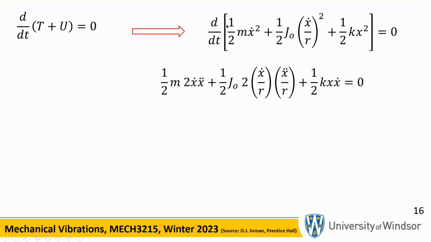You differentiate the first term, 1/2 m stays, derivative of x dot squared is 2 x dot x double dot. And by the same token here, same routine, 1/2 J_o is going to stay. Derivative of this thing is 2 times that guy to the power 2 minus 1 times the derivative of what's in it. This is what we call chain rule.